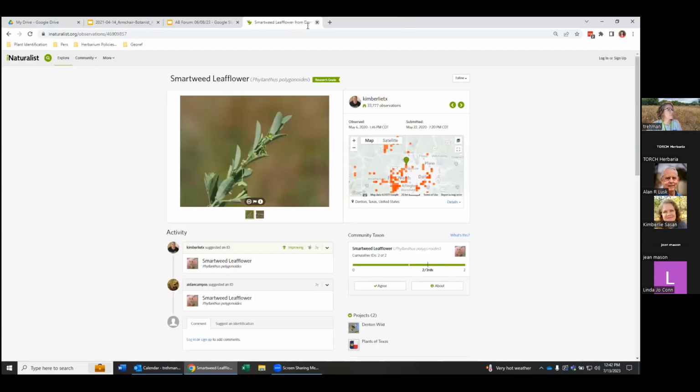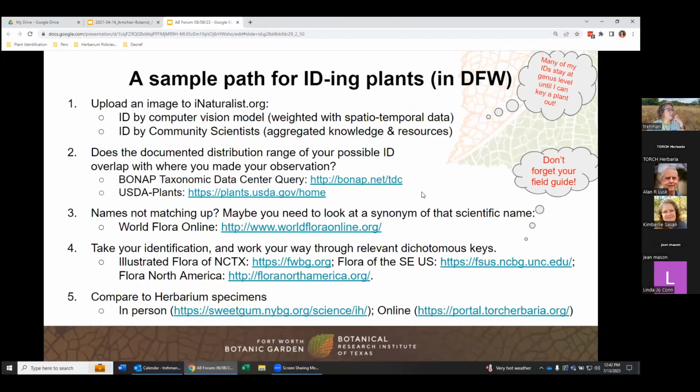Okay, so I'm going to close those two out and pop back in here. When you're keying something out, or when you have a name, sometimes when you do Google searches or other searches, it becomes difficult to find resources, to find websites that reference your plant.